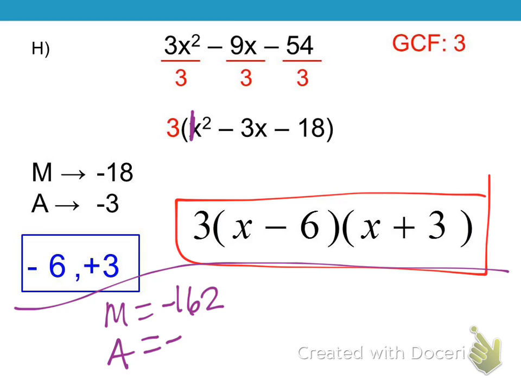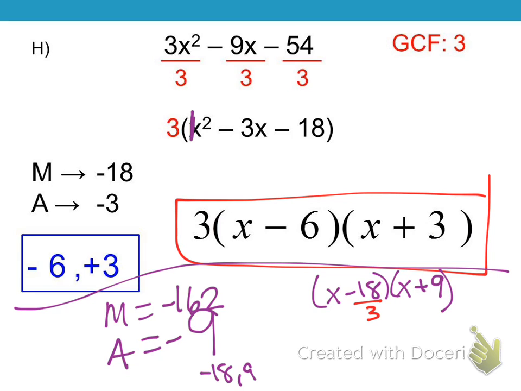A is negative 9. What is 162 divided by 9? 18. So that'd be the winning combination: negative 18 and 9. If I did x minus 18 and x plus 9, then I divide by 3. Do you see how I end up right here with the same answer, but without the 3 part?